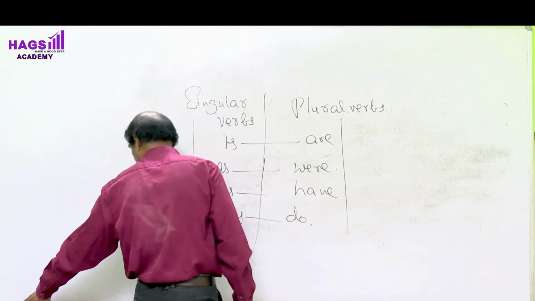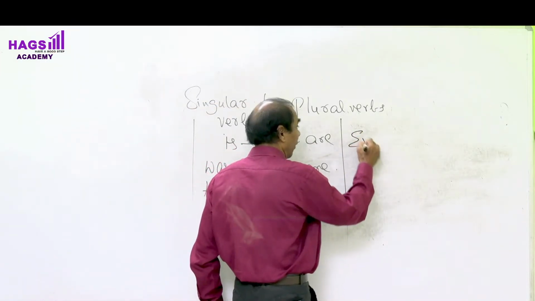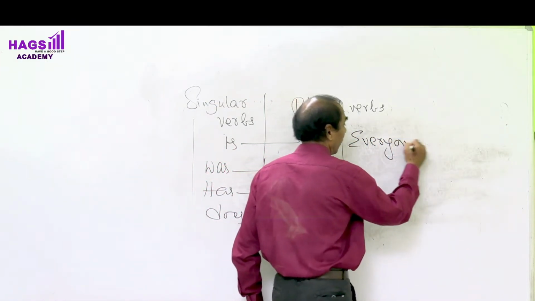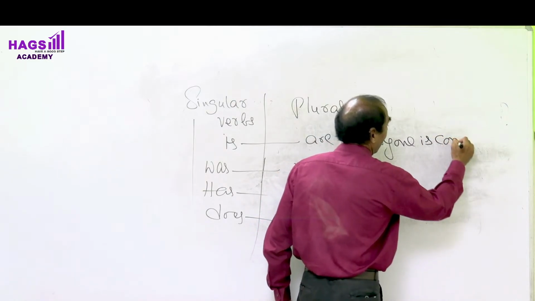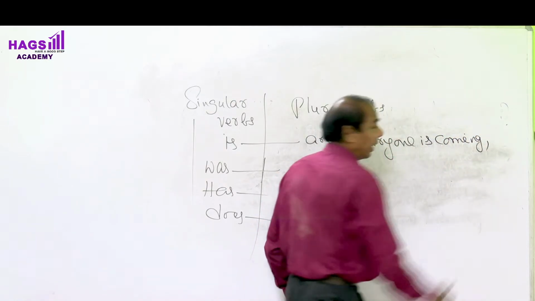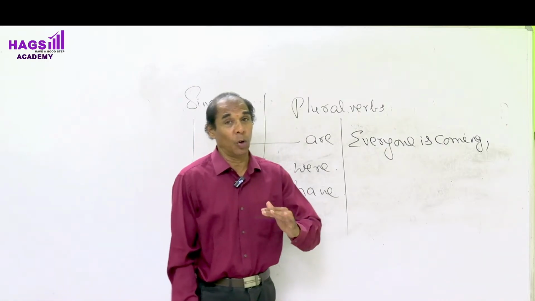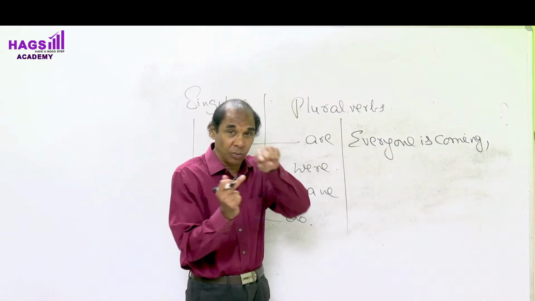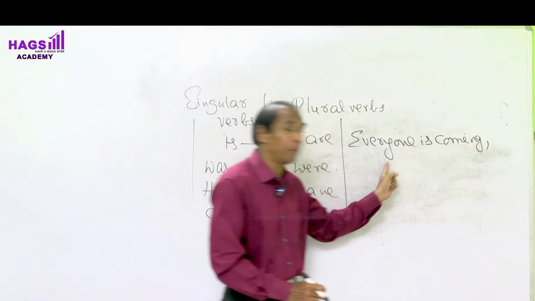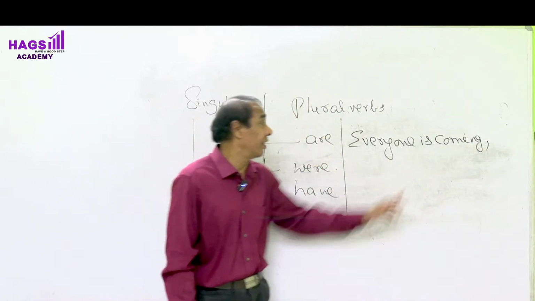Let us take one sentence here. See, everyone is coming. See, everyone, everybody. Someone, somebody. No one, nobody. These 6 words at the time of statements take singular verb.